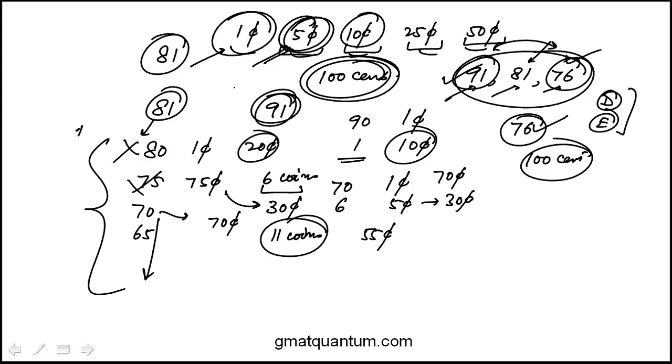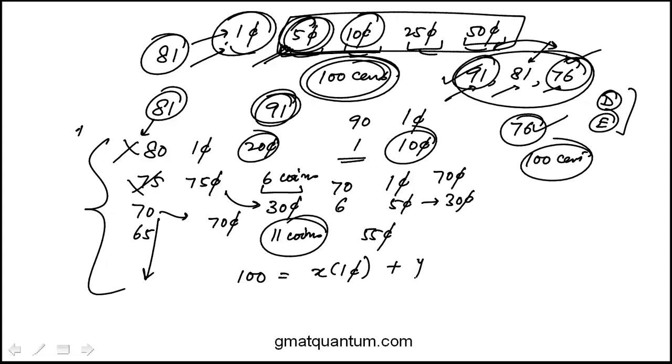So the key thing here was to recognize that all of these remaining coins had values that were multiples of 5. And the way you can think of this, if you want to look at algebra, is if this is x, and then let me just call it y, z, w, let's say t.